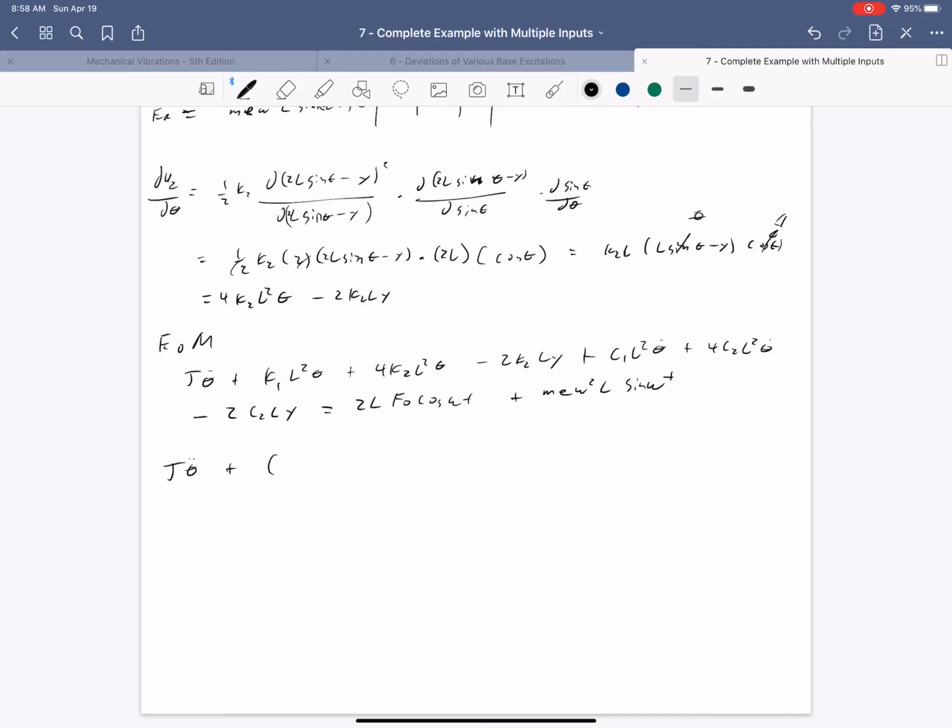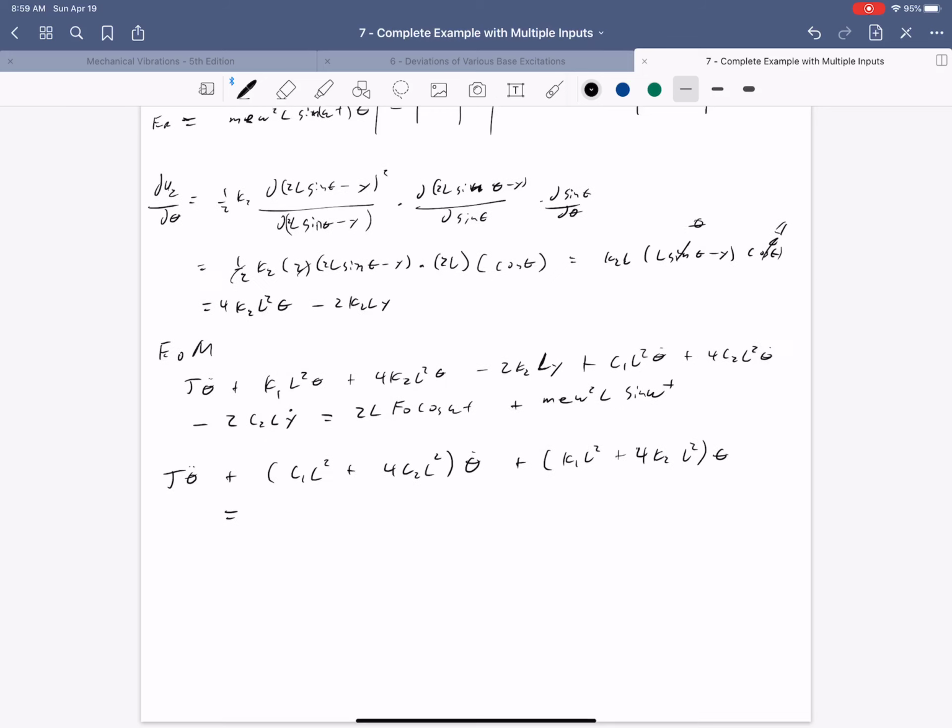So we end up with C1 L squared plus 4C2 L squared, θ dot, and then plus K1 L squared plus 4K2 L squared, θ, equals, and that should be a y dot there.